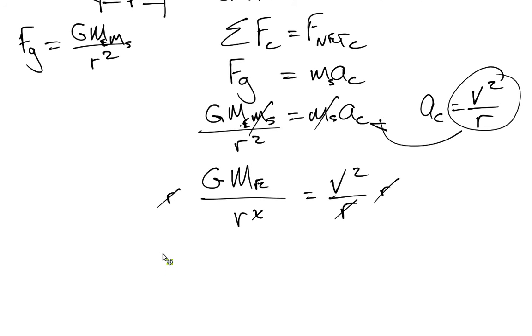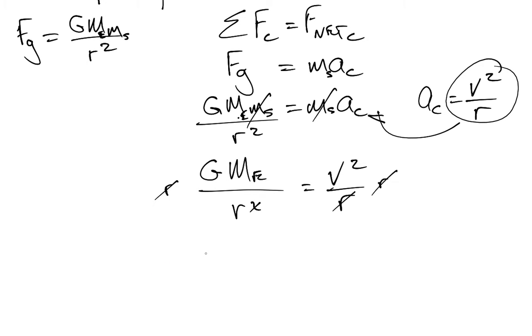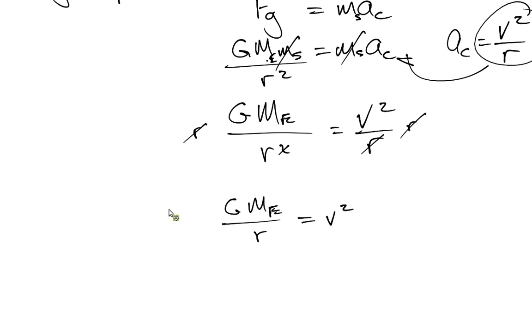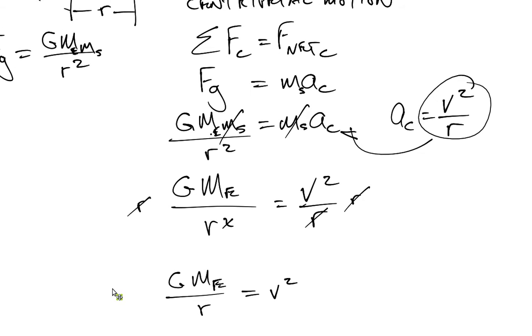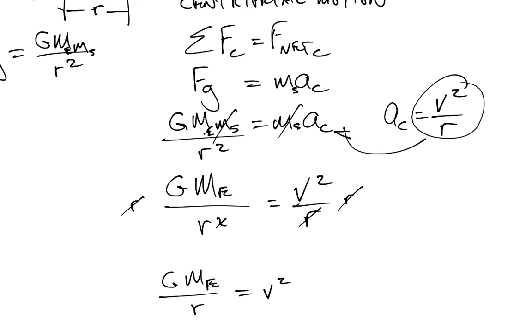And therefore, I'm going to get G M E over r is equal to v squared. I've done something wrong here, though. Let's just follow it through. I have a sneaky suspicion here. That's the force. That's the centripetal acceleration.